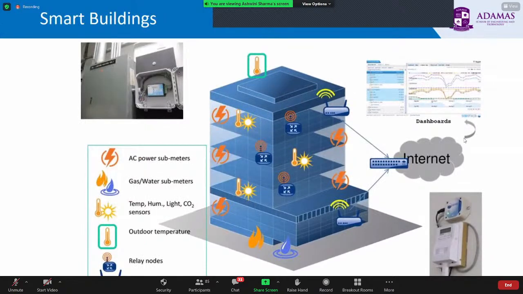Okay, next part is the smart buildings. So nowadays these are very high in demand because of the energy requirement. And if you see it here, AC power needs to be reduced, so your building should be designed in that way, and that's where comes the civil engineers into picture: gas water submeter, temperature, humidity, outdoor temperature, relay nodes, routers. But not limited to this, we need to have the security arrangement, we need to have the protocol, who can enter into the building, who cannot.